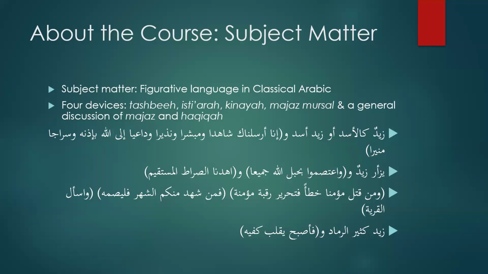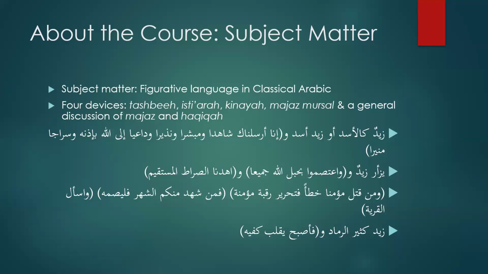And so this fundamental difference between a relationship that is based on mushabaha, on analogy, on comparison, and a relationship that is based on contiguity, are basically the two poles in English of figurative language.